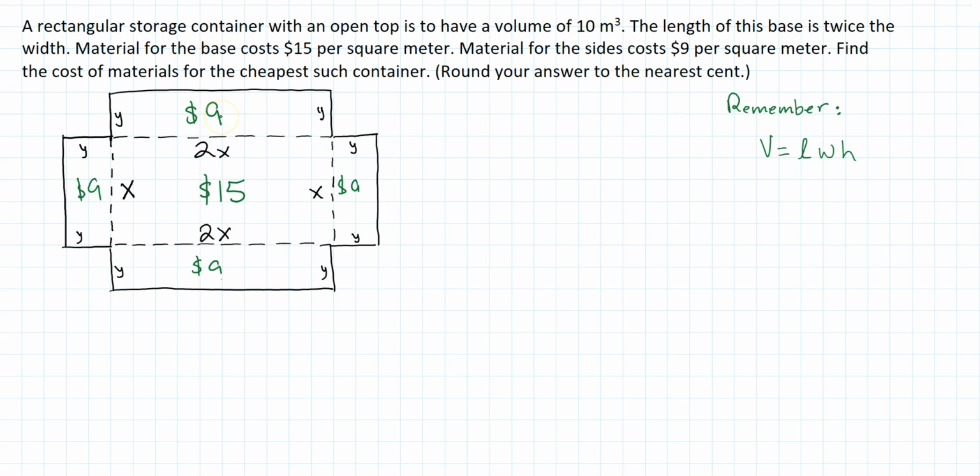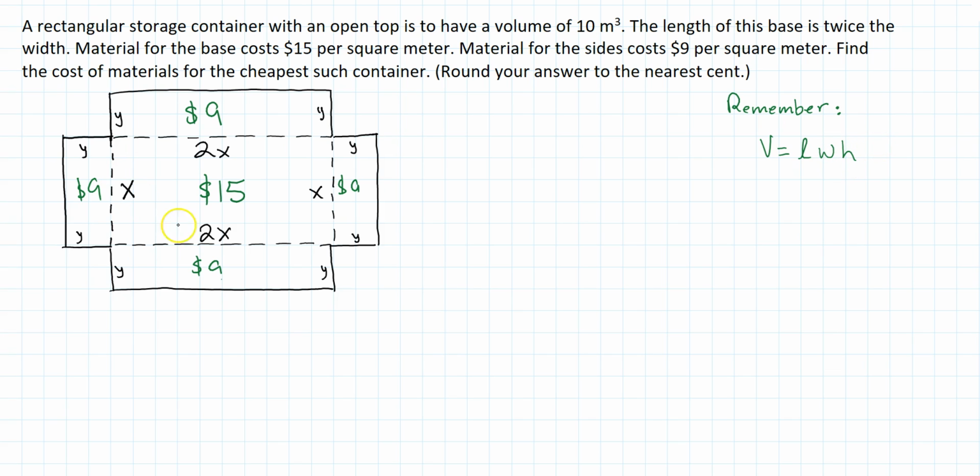All right, and so we're on our way to being able to come up with a cost function, but first I want to take a look at this information that they're giving us about the volume. They've told us that the volume of the container is 10 cubic meters, and we remember from geometry and from elementary school actually that the volume is going to be length times width times height.